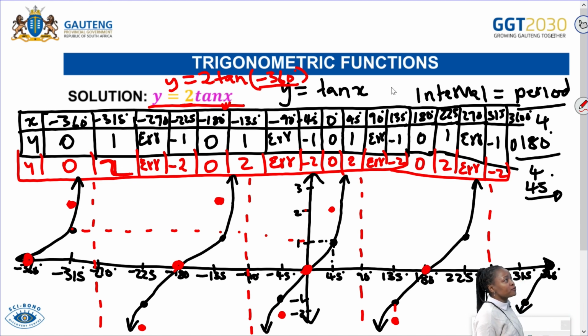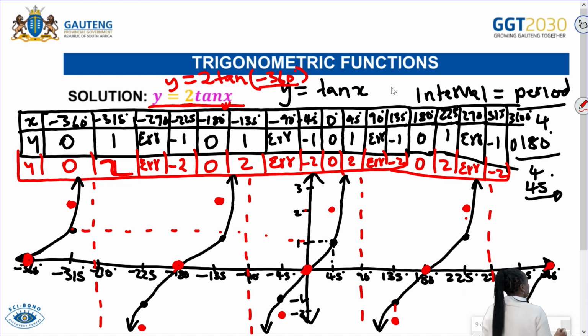And then at 225, I'll have +2, so it's going to be somewhere there. And then at 270 degrees, I'll have math error. And then at 315, I'll have -2. So it's going to be somewhere down there. And then at 360, it's going to be at 0.